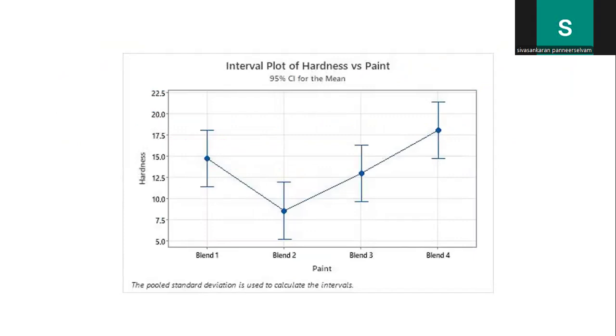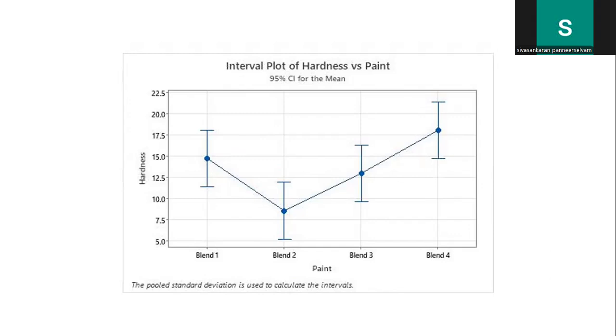The same thing can be tested in a graph, that is, an interval plot of hardness versus paint. The x-axis is the different samples of paint and the y-axis is the hardness value. For blend 1, the hardness is found to be 50, and for blend 2, nearly 8, between 7.5 and 10, and the third sample between 12.5 and 50.